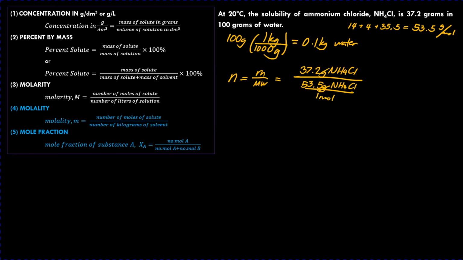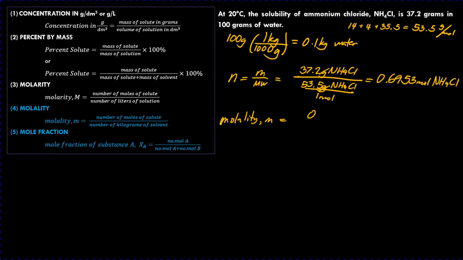So grams will be cancelled, and so it's 0.6953 moles of ammonium chloride. Now we're ready to express the concentration in molality. Molality has a symbol of small m.